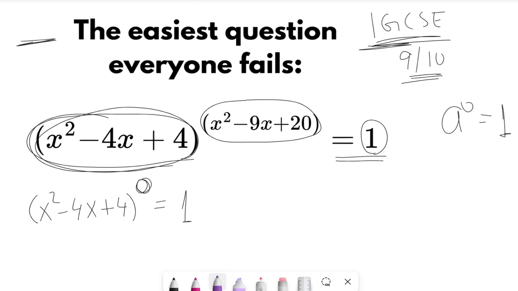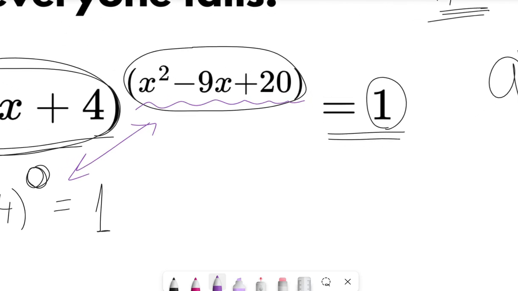That basically means that our exponent is equal to 0. So we can say that x squared minus 9x plus 20 is equal to 0. Okay, let us complete that.